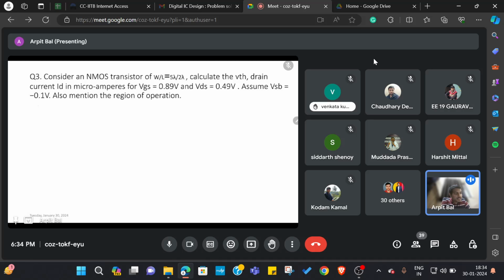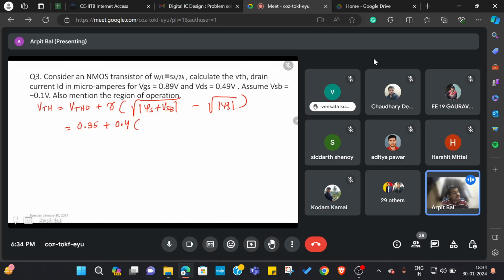The first thing that we are going to do is calculate the VTH, that is VTH naught plus gamma square root of mod psi s plus VSB minus square root of mod psi s. VTH naught is already given to us as 0.35 volt, gamma is 0.4, and mod psi s is 0.3, and VSB is given as minus 0.1.